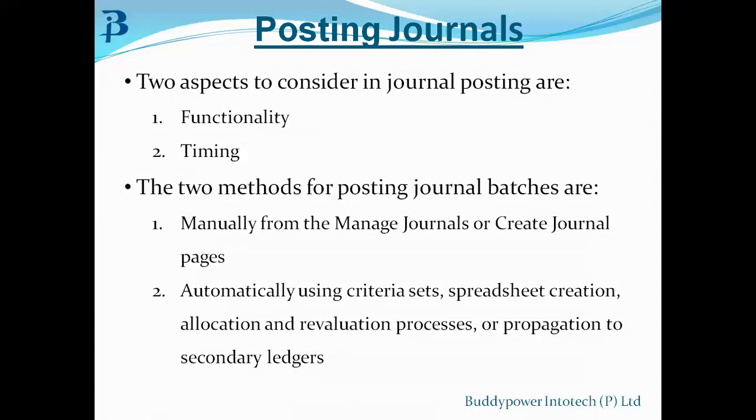You use this method for manually created journals, and you use the manual posting after an error correction. Basically these are all just repeating whatever I've just mentioned previously. The manual and the automatic, the concepts are the same. So when you use the manual posting after an error correction, if the initial posting fails, then you do a manual correction to post a journal entry.